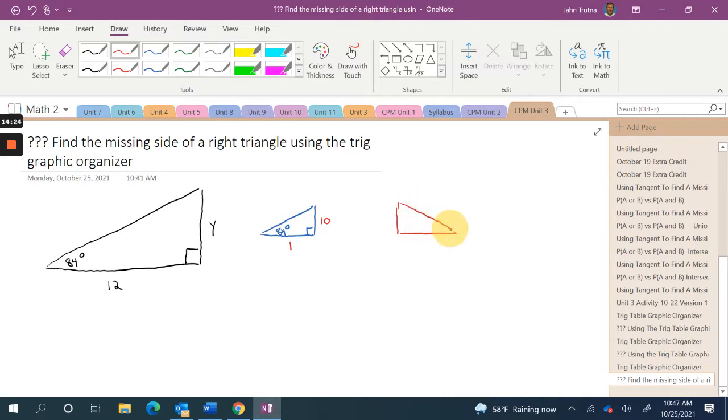If you drew the triangle from the trig graphic organizer like this, do you see how that red triangle is not oriented the same as the given triangle? Okay, you have to orient it the same. You really don't have to, but it'll just make your life so much easier.